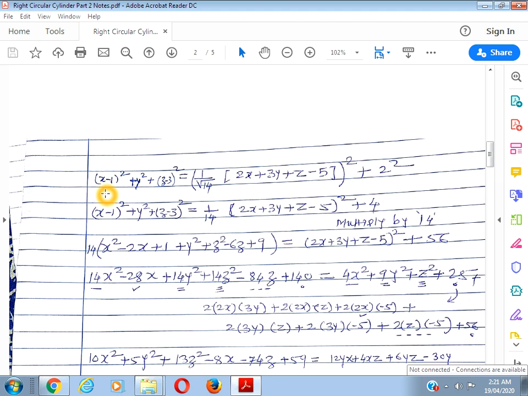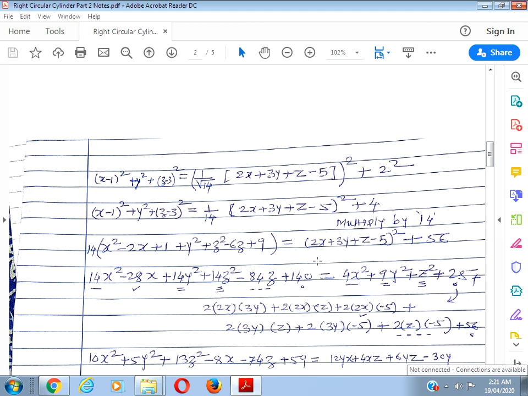Then resolve this by (a minus b) whole square, then y square, (z minus 3) whole square. You can expand it, and here 1 by 14 is there. Root 14 square is 14, and 14 is present in the denominator, therefore multiply throughout by 14, and this 4 into 14 will be 56, and multiply all these terms by 14 again. On the left hand side you will be getting this, and expand this thing.